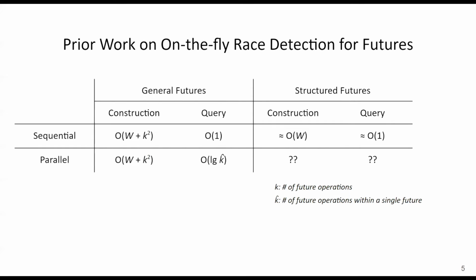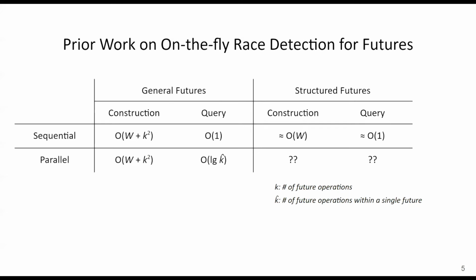So a couple of works have been done on race detecting task parallel programs using futures. This table lists the best known results of race detection algorithms targeting programs that use futures in different fashions, namely general futures and structured futures. I will define general and structured futures later in this talk.